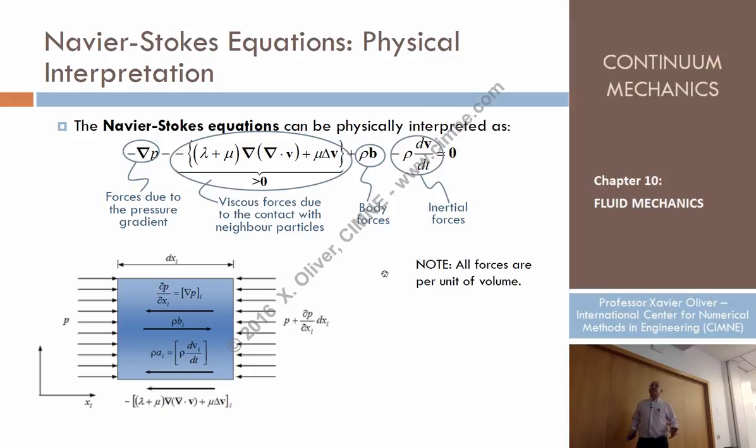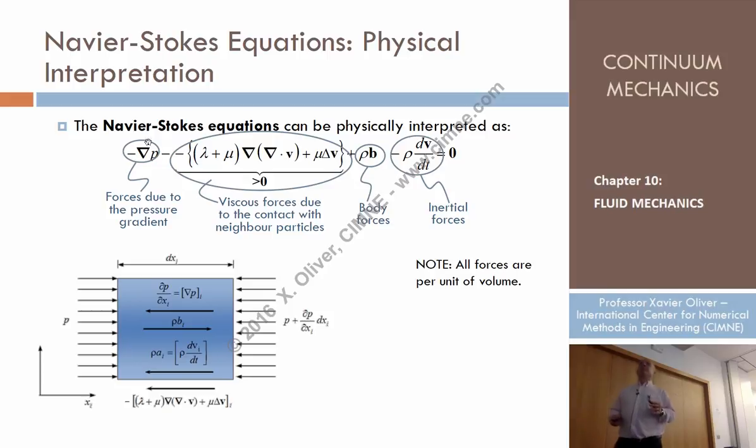So this is a force in that direction, which is the derivative of P with respect to xi per unit of size. If we divide that force by dxi, per unit of volume, the forces acting on this particle due to the difference of pressure at both sides is the derivative of P with respect to xi, so the component i of gradient of p.